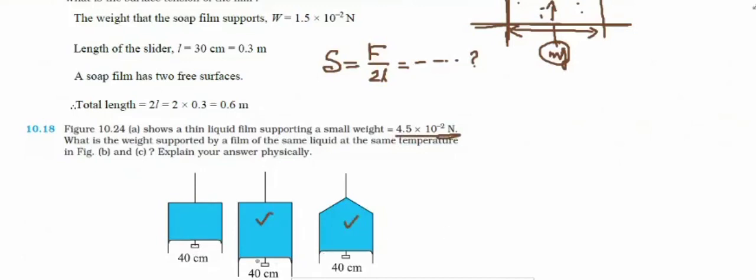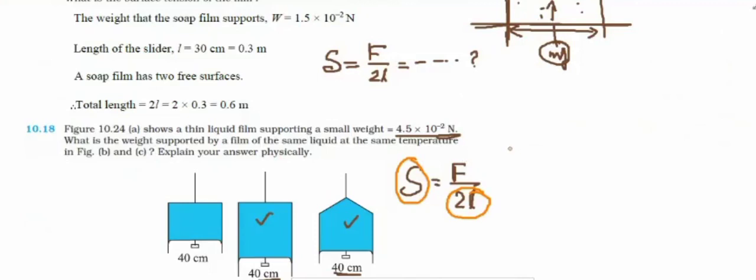And you can see from the diagram, the edge length is same here in both the cases. That means value of L is also same. So 40 centimeter, here also 40 centimeter. So you can see the formula surface tension is equal to F divided by 2L. And in this equation, in both the cases, you have same liquid at same temperature, so surface tension is same, length is same, and the first one can support a weight 4.5 into 10 power minus 2 Newton.